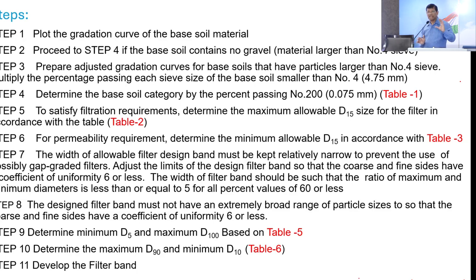To check that, we come up with the D15, and that D15 is related to D85 of the base soil. If D85 of the base soil is this, then D15 of the filter will be this. That's where we see that the maximum cannot pass through.